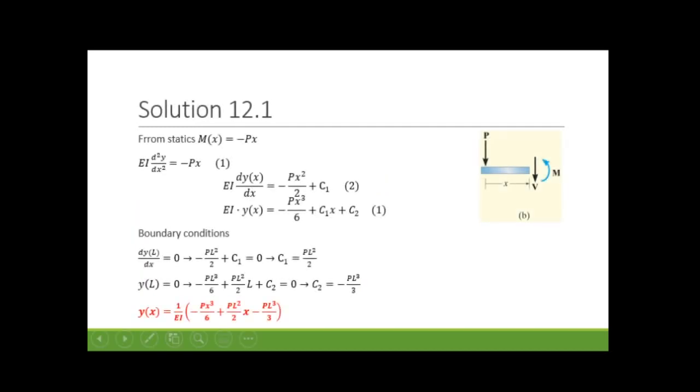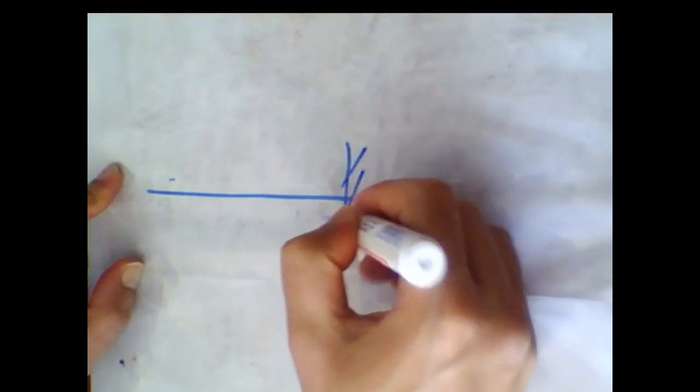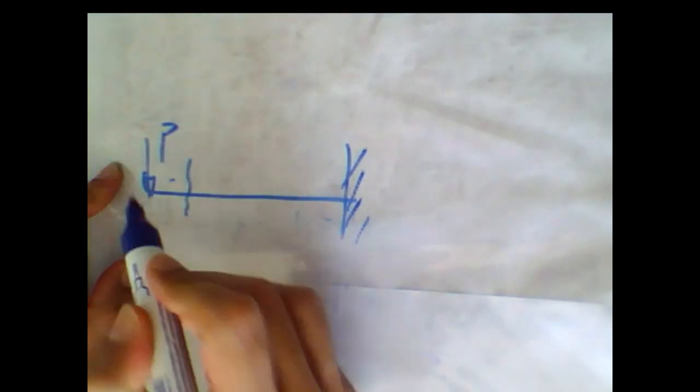When deriving the moment function from statics, I have to take a cross section anywhere on the beam. If you want, I can do it for you. It's very simple. We have a beam like this with a point load P. I take a cross section anywhere.